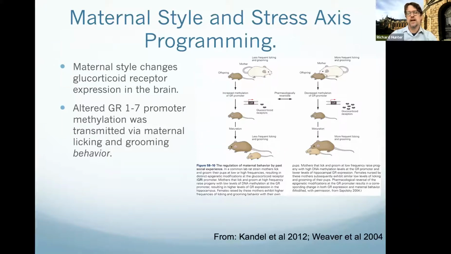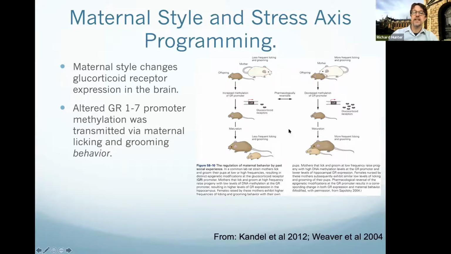And then in a study led by Ian Weaver in 2004, they showed that glucocorticoid receptor levels in the hippocampus, and glucocorticoids are the classical stress hormones, I'm sure you've heard plenty about them at this point in the workshop, the receptors for these things were reduced in the low licking and grooming animals and increased in the high licking and grooming animals.